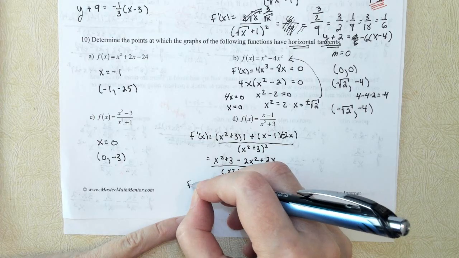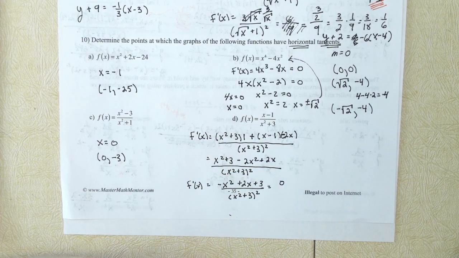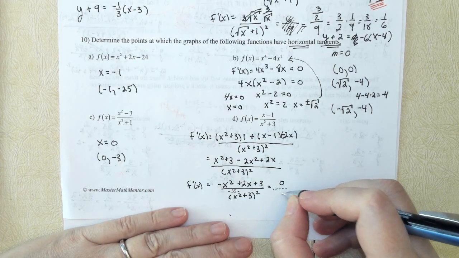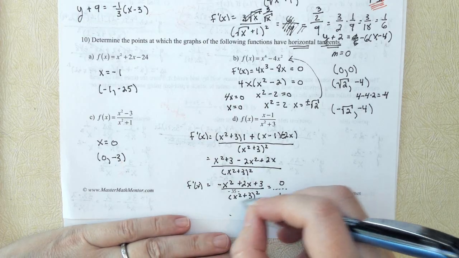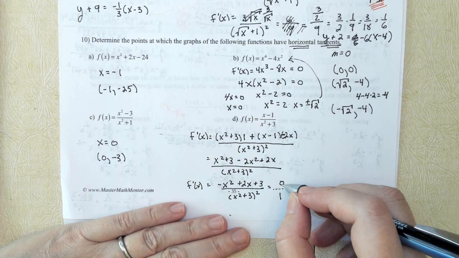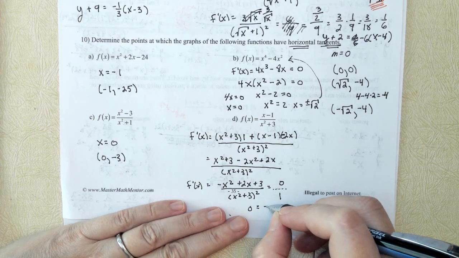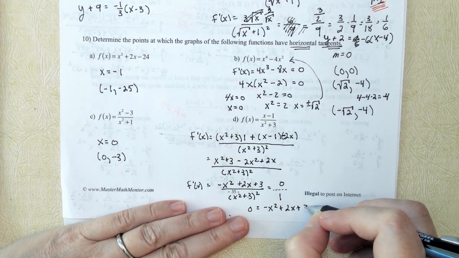Now you're supposed to set this derivative equal to 0. And you're like, wait, what is going on? Well, here's the thing. This is over 1. So when I cross multiply, this goes away, and I'm just left with 0 equals negative x squared plus 2x plus 3.